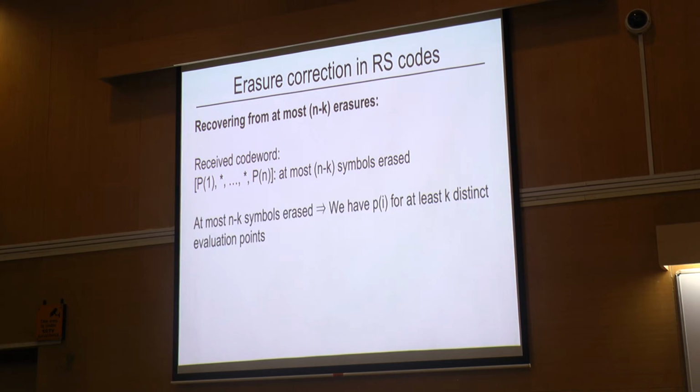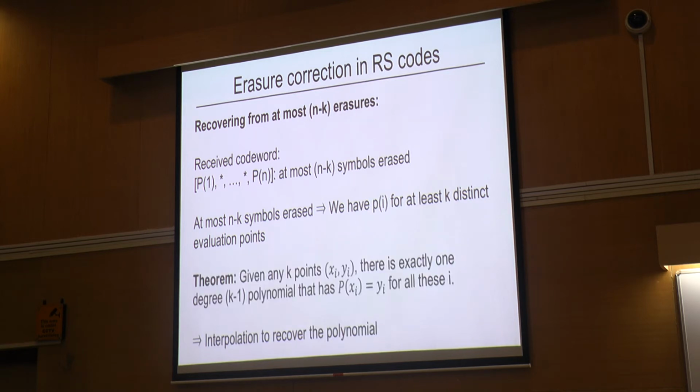There is a very important and fundamental theorem about polynomials, which you might recall from your math classes: given any k points, x i and y i, there is exactly one polynomial of degree k minus 1 that goes through these points.